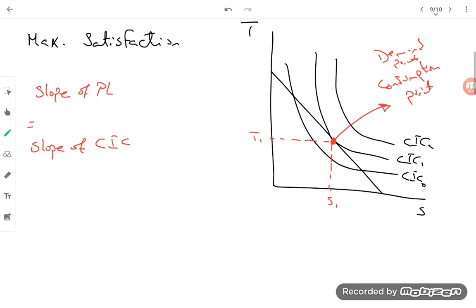Now we would like to find general equilibrium. As we said before, general equilibrium means maximum profit and maximum satisfaction for all people in the country.